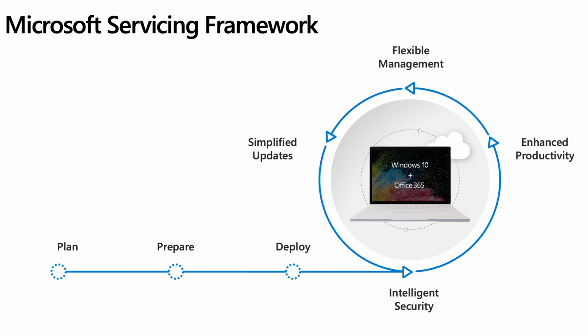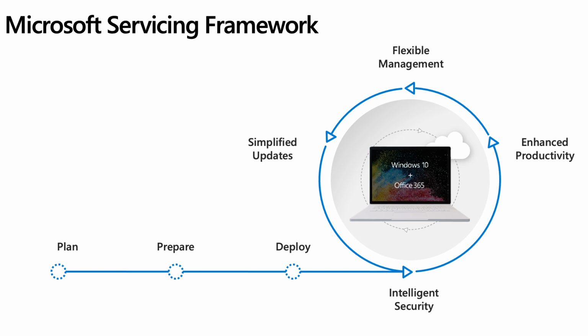So James, you've been working on this servicing framework for quite a while. I actually just published a blog around what the servicing framework is all about. Can you give us a high-level overview of what the framework looks like and the benefits and what you're trying to drive with this new servicing framework? Happy to. So the servicing framework that we want commercial customers to align on is around a plan, prepare, and deploy motion.